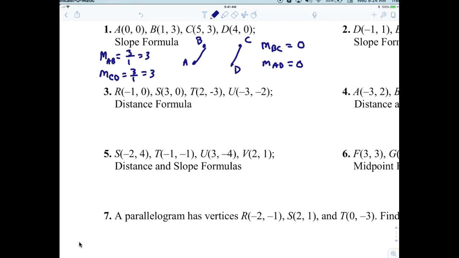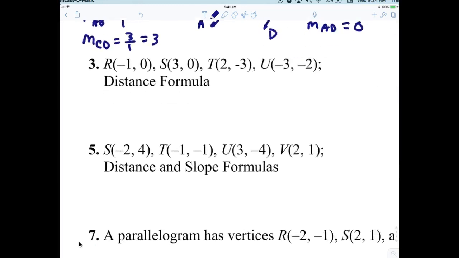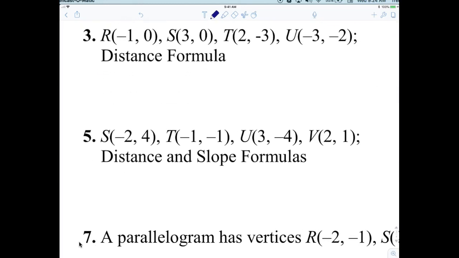So again, we should practice the distance formula. Just to review, distance is the square root of x2 minus x1 squared plus y2 minus y1 squared. Everybody with me on this? x2 minus x1 squared plus y2 minus y1 squared.